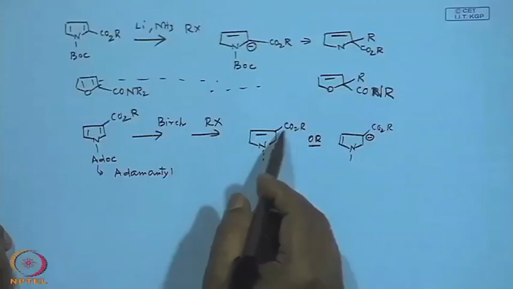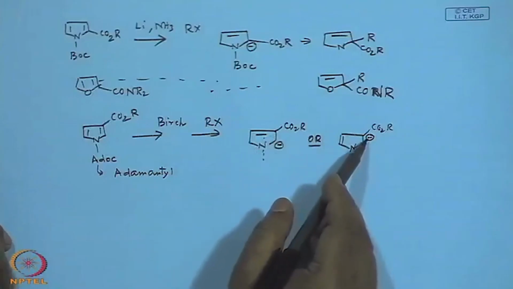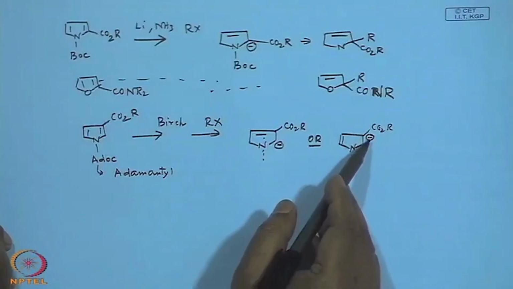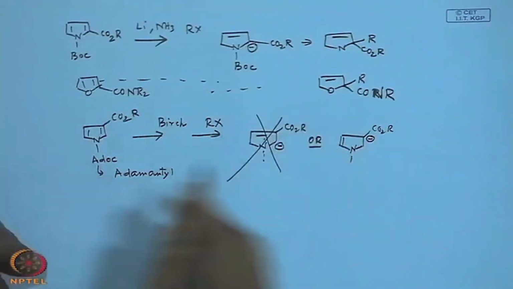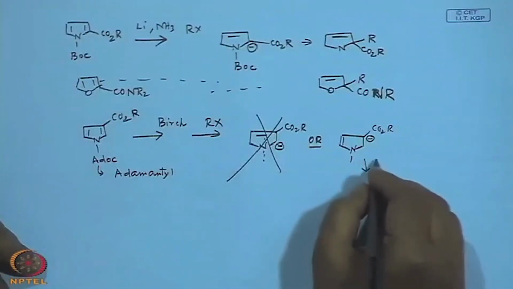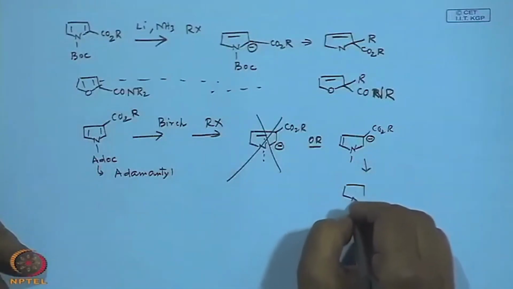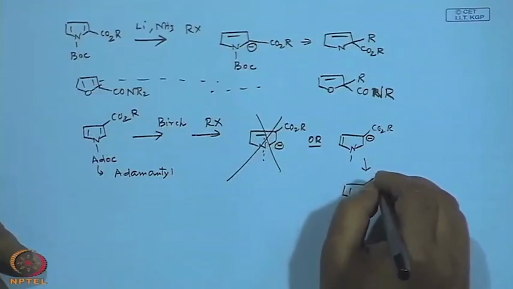Well, truly speaking, this is not de-aromatized. This can be equivalent to somewhat de-aromatized. Not only that, it is alpha to the ester group. So, in this case, this is a special case, this one is formed, and then of course, when you have Rx, this nitrogen is not alkylated because you have this amide group here, ADOC means amide group.